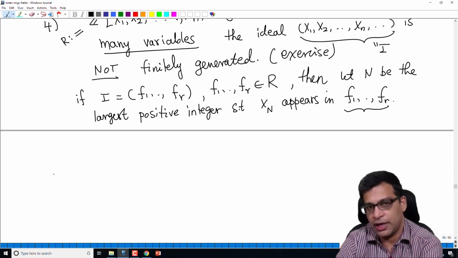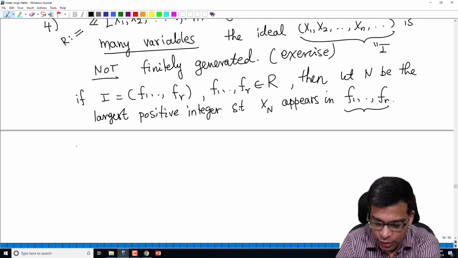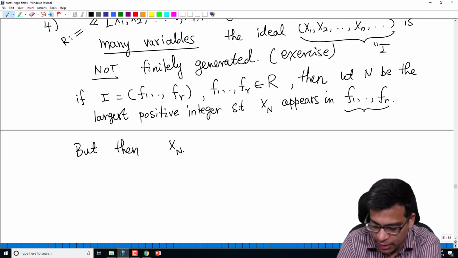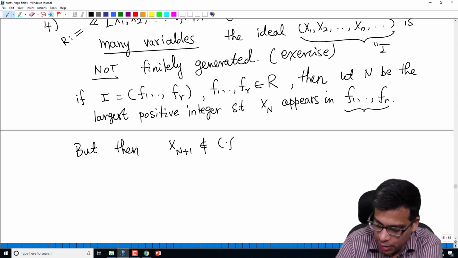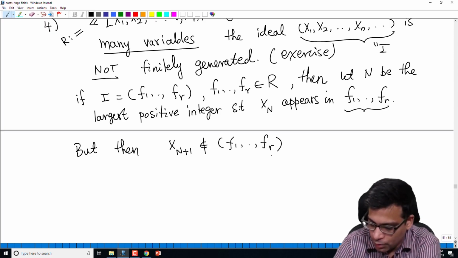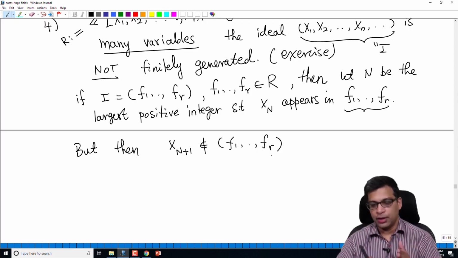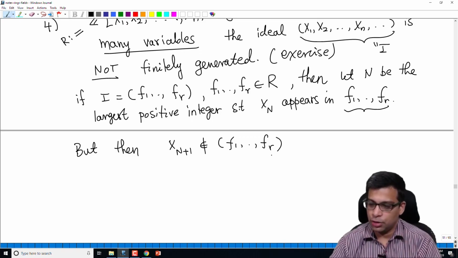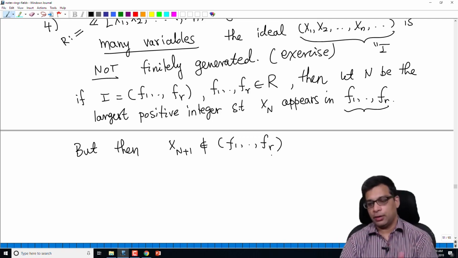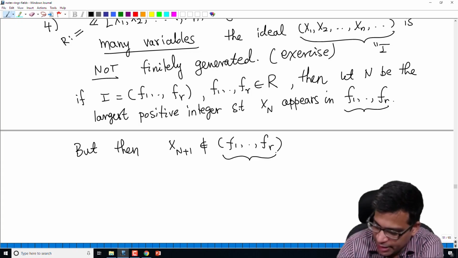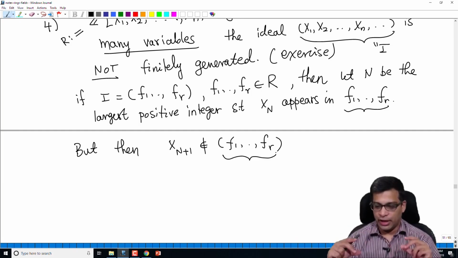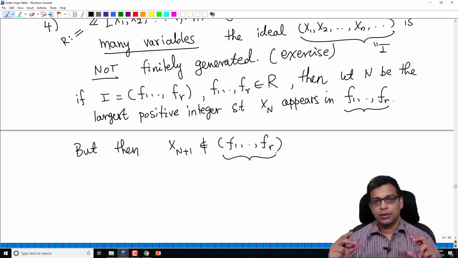But now, because we have infinitely many variables, we can consider the next index. So then x(N+1) cannot be in the ideal generated by f1 through fr, because remember, when you take an element of this ideal, that means you take a1 f1 plus ... plus ar fr, where a1 through ar are elements of R, you cannot introduce a new variable.